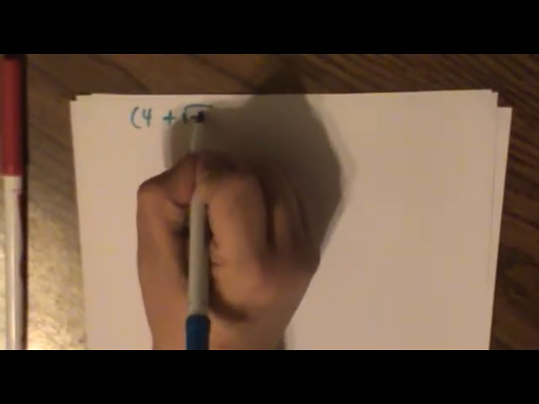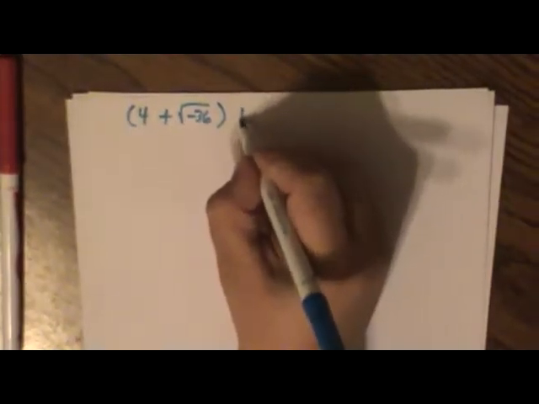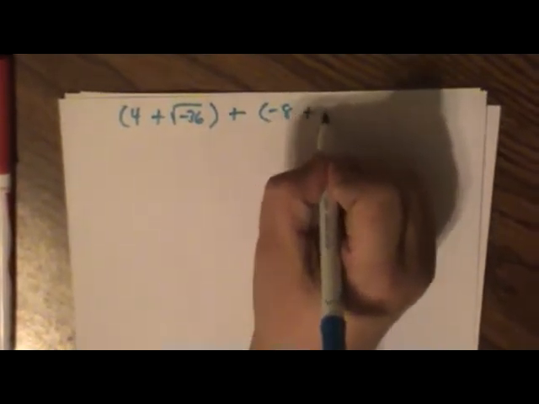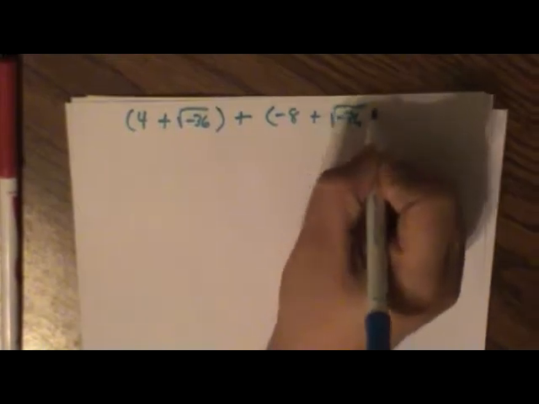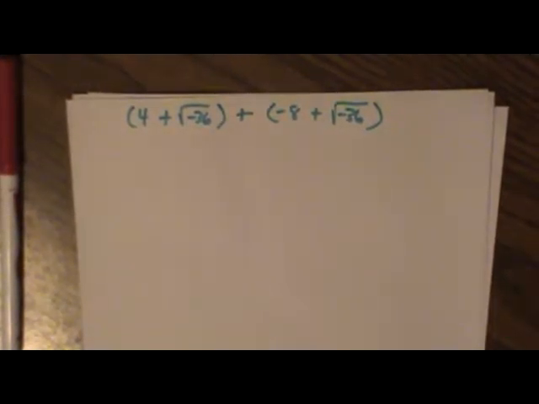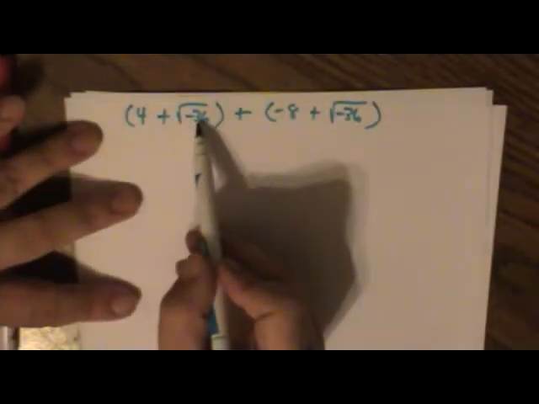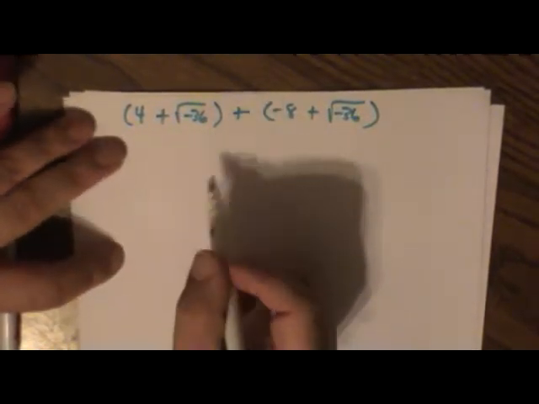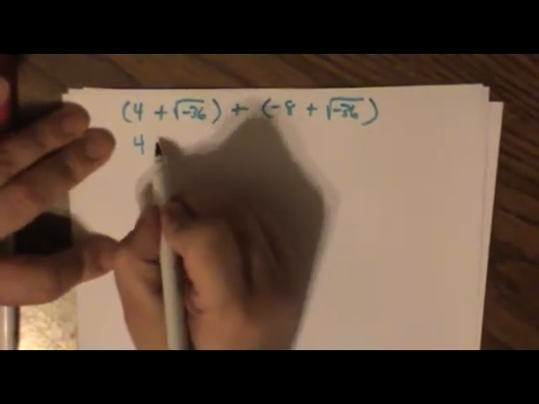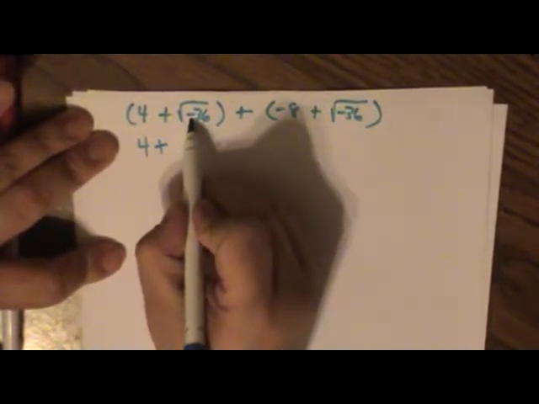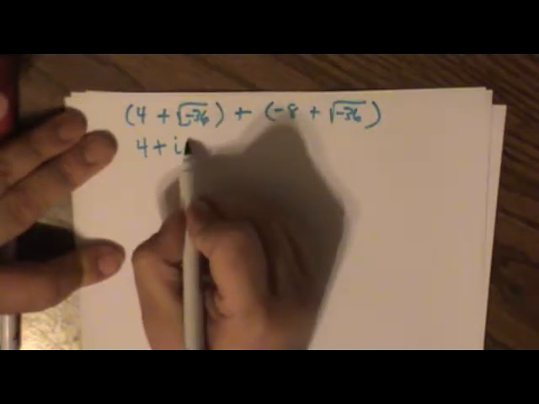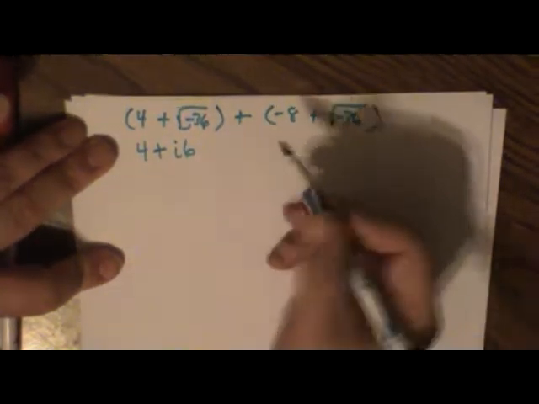Alright, we have 4 plus the square root of negative 36 plus negative 8 plus the square root of negative 36. The first thing that we want to do here is simplify what's inside our radical signs. So we have 4 plus, the negative will come out as an i, and 6 times 6 is 36, so we'll have a 6 out here.